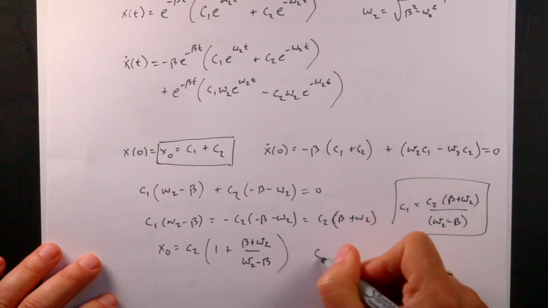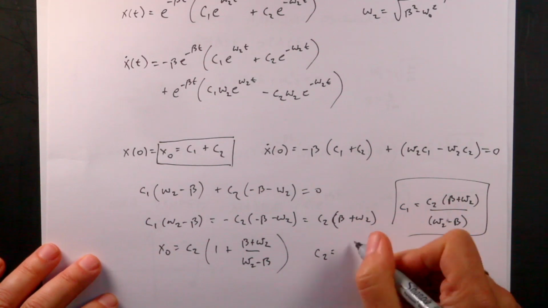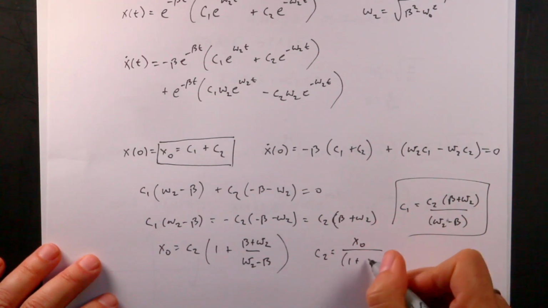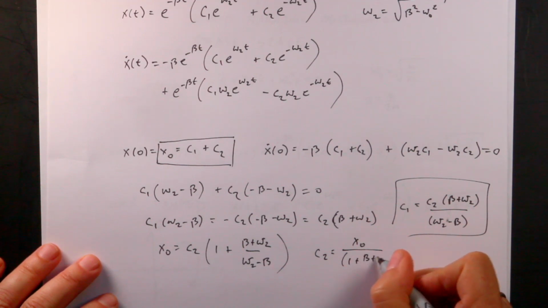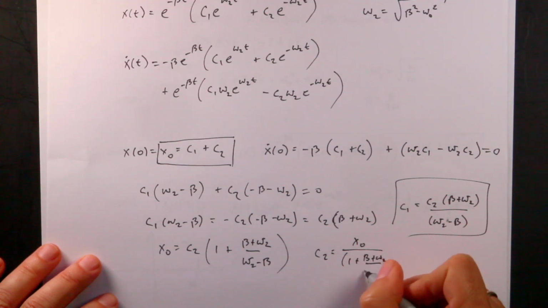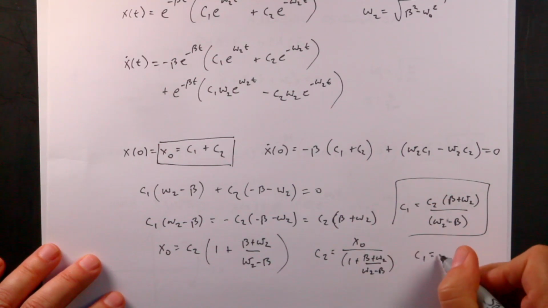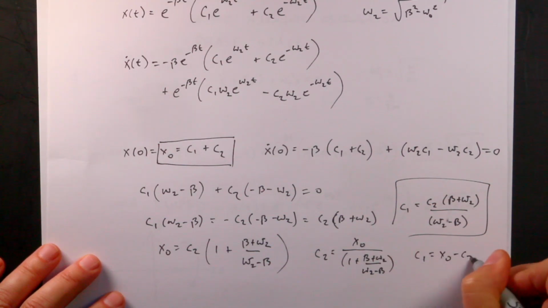So C2 is going to be equal to x0 divided by 1 plus beta plus omega 2 divided by omega 2 minus beta. And then C1 is going to be x0 minus C2.